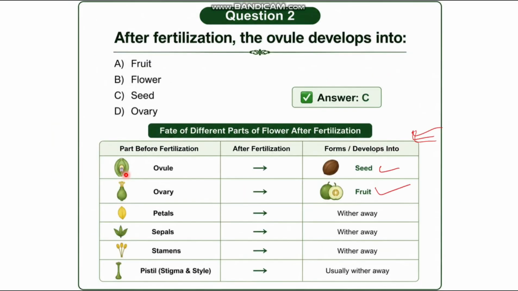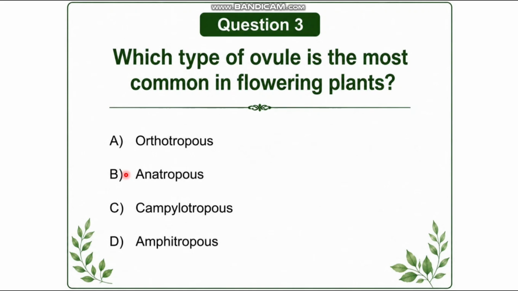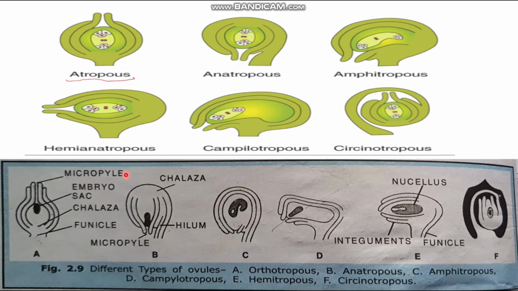So next are the types of ovule. Here this is the orthotropous ovule, where the micropyle, embryo sac, chalaza and funicle are in the same single plane. Next, the anatropous ovule.